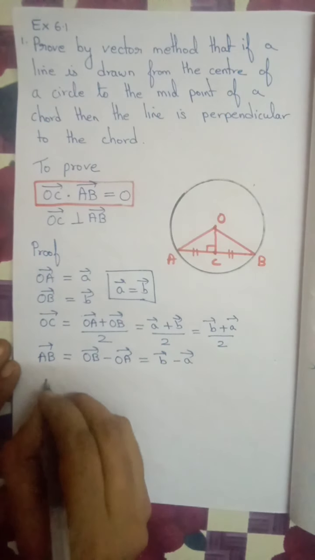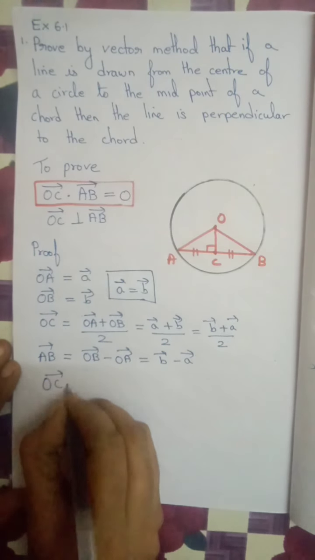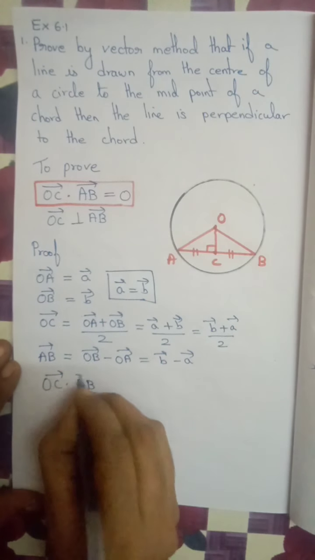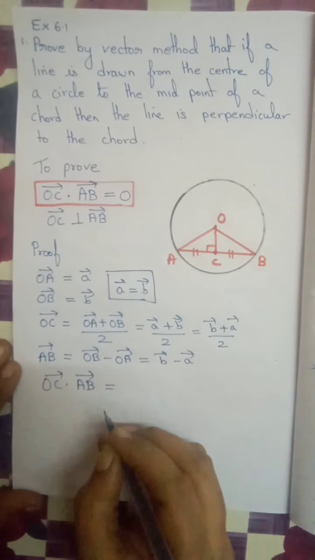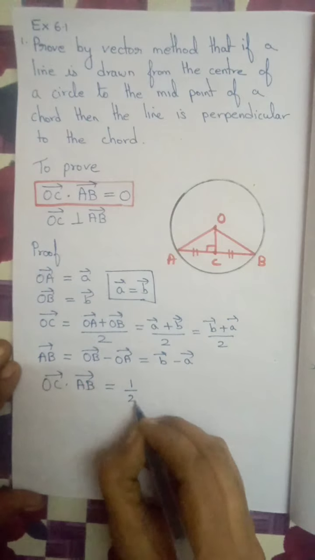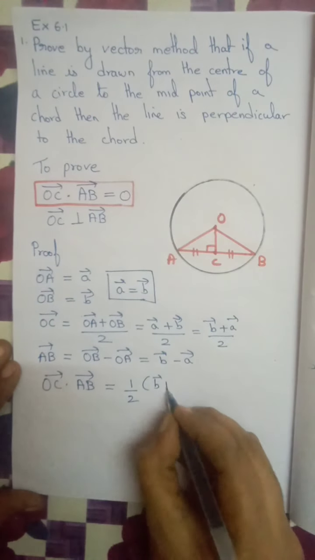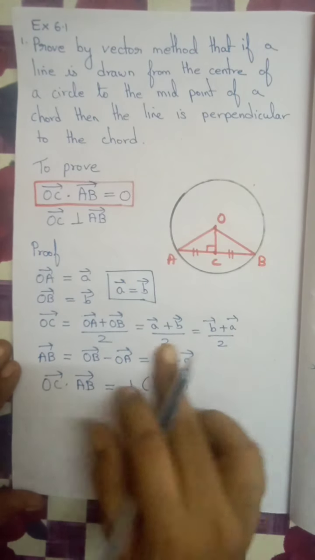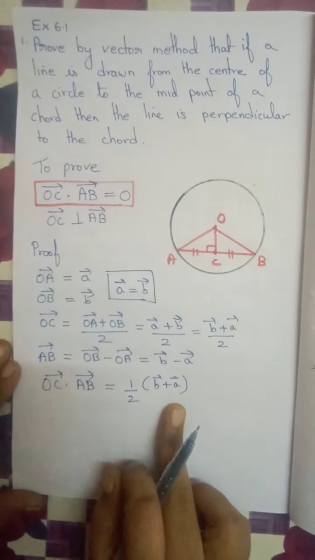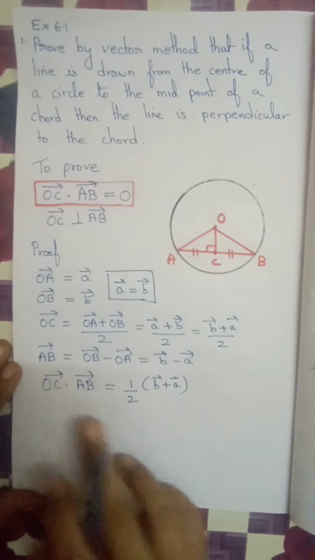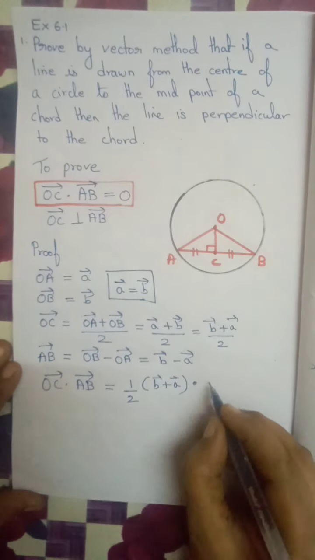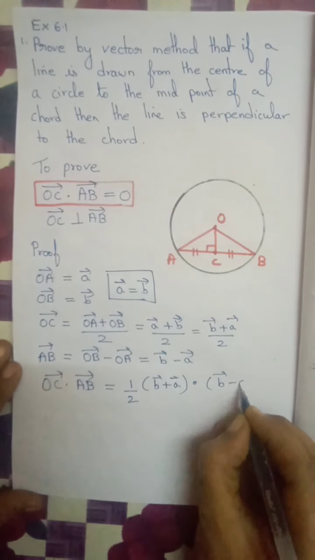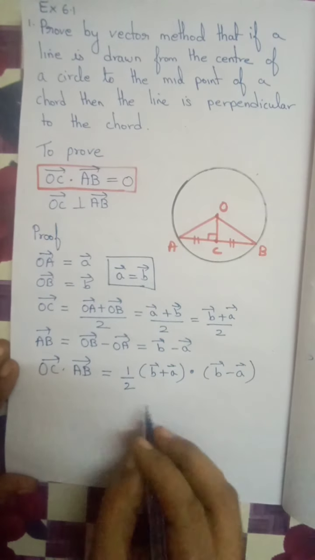Now let me do the dot product of OC vector and AB vector. So OC is 1 by 2 into B vector plus A vector. I am taking this 1 by 2 outside, so I will have B vector plus A vector dot AB vector, which is B vector minus A vector.